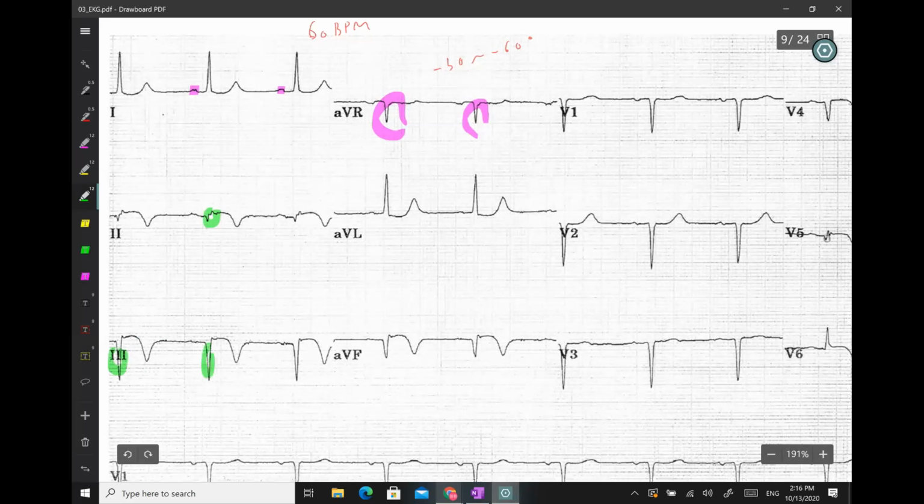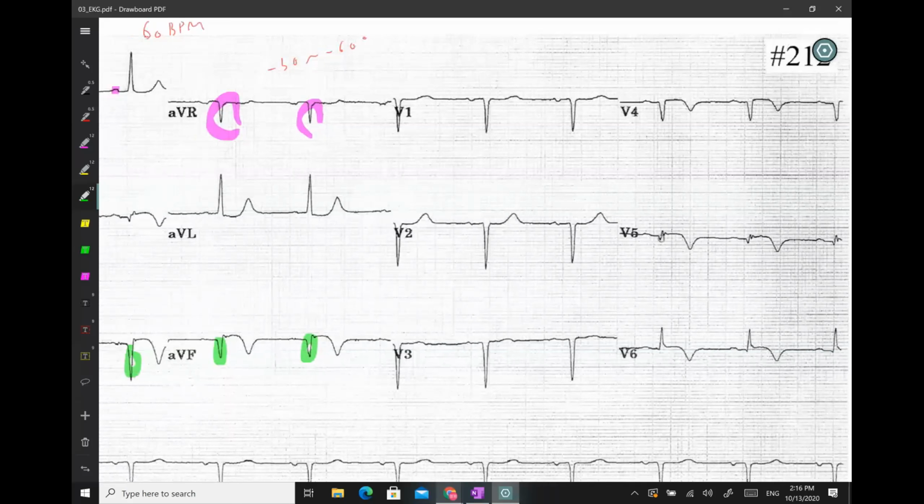AVF. You do have pathological Q wave. In V1, V2, V3, also we do have pathological Q wave. And in V4 as well. And in V5 as well.